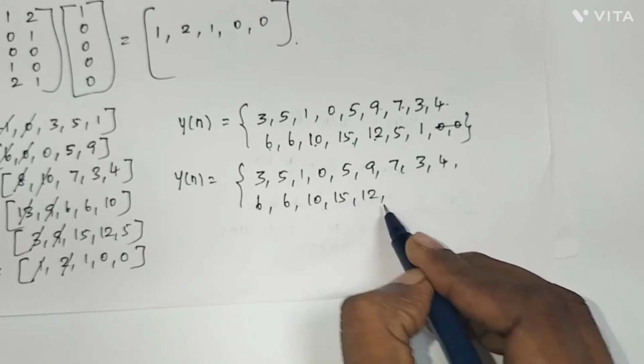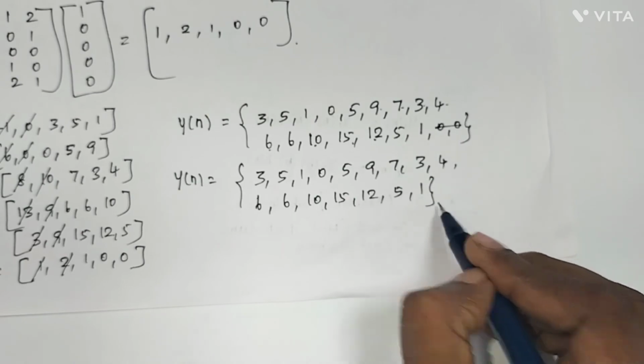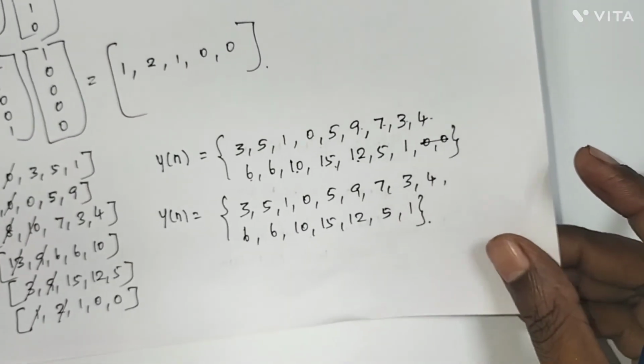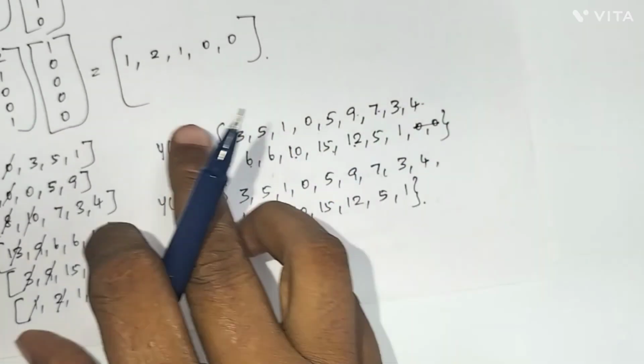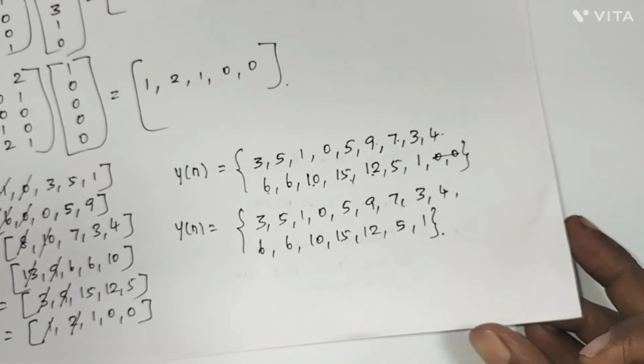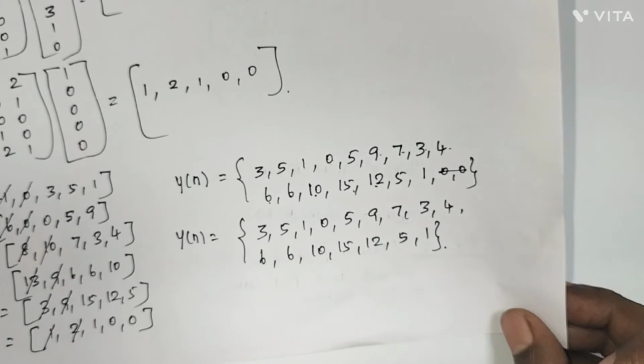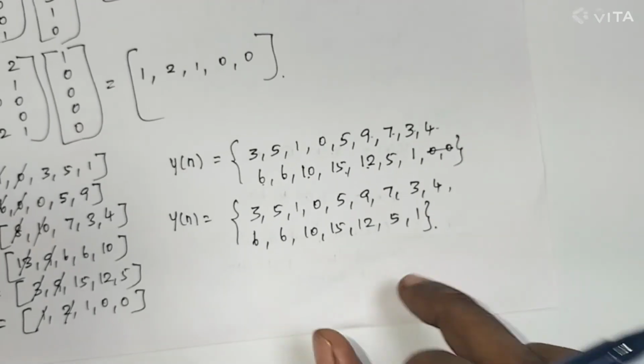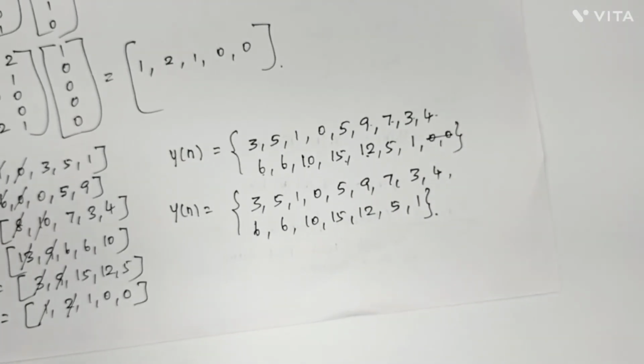Okay. So how to cross verify your answer? We have computed the response of the filter, that is a linear convolution. How to cross verify this answer? We just cross multiply it, that is 1, 2, 1.